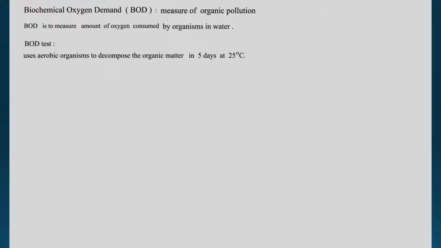The BOD test uses aerobic organisms, bacteria that live on land. They use oxygen when they break down the food. We measure this over 5 days at 25 degrees.